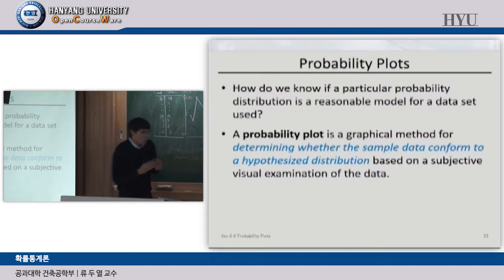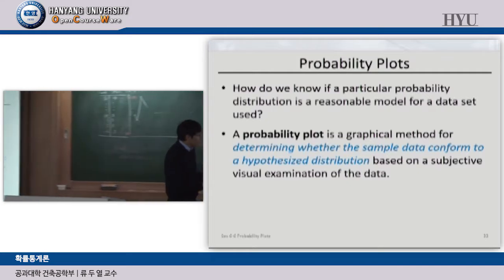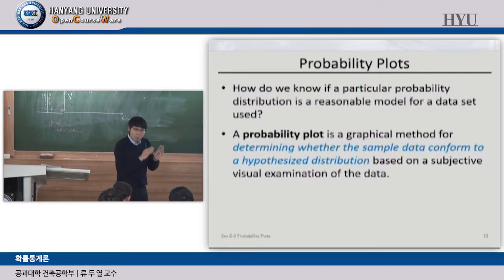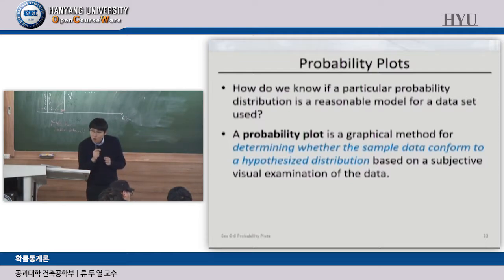And which means that we can determine the probability distribution based on the obtained data by using histogram or box plot, etc. Right? And if we want to use that kind of probability distribution, we need to draw a conclusion that this hypothesized distribution is well correlated with the data point we obtained.